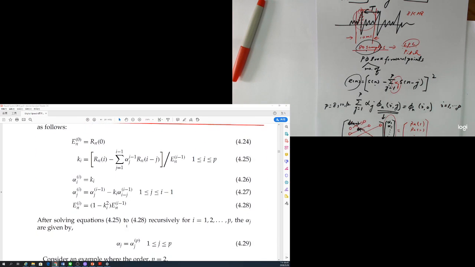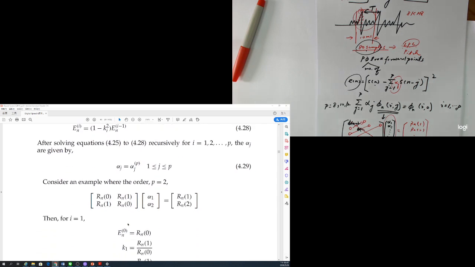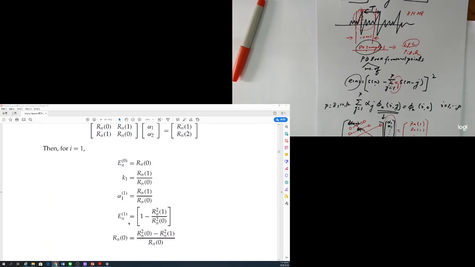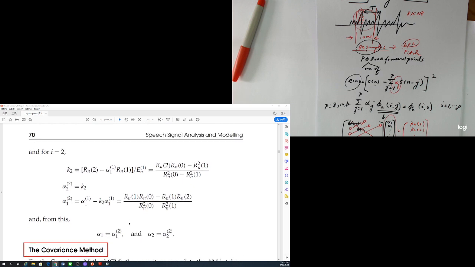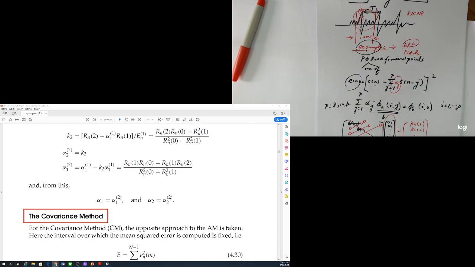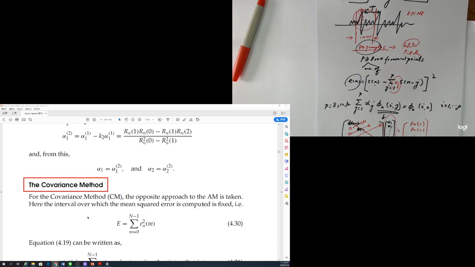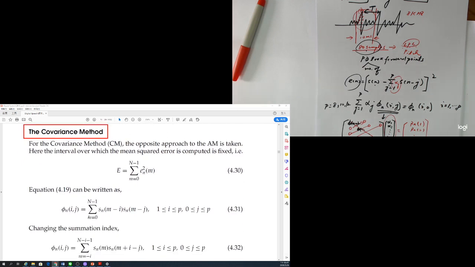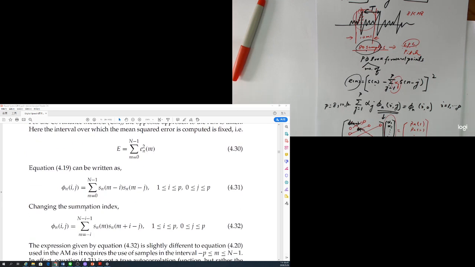However, the other one also solves this kind of inverse matrix problem. They call it the covariance method. In the covariance method, they consider the boundary a little bit over your boundary.